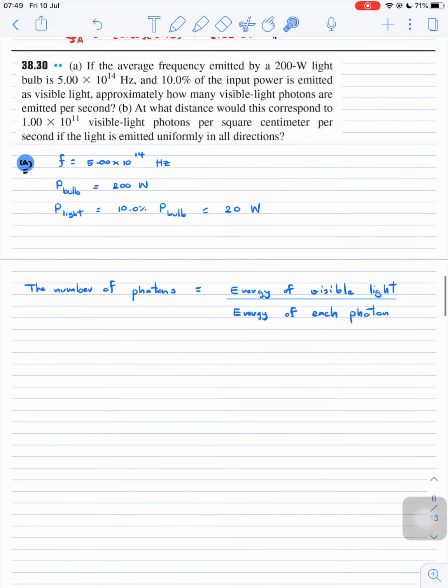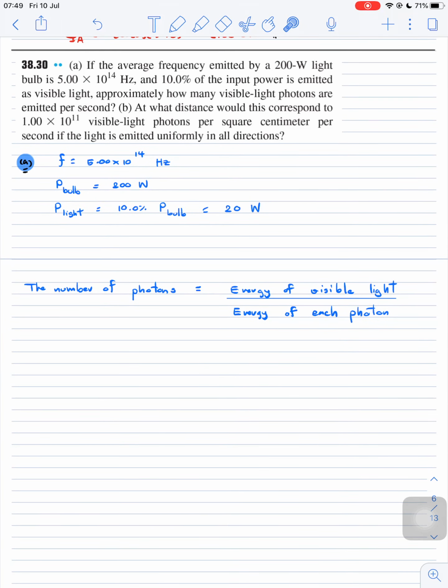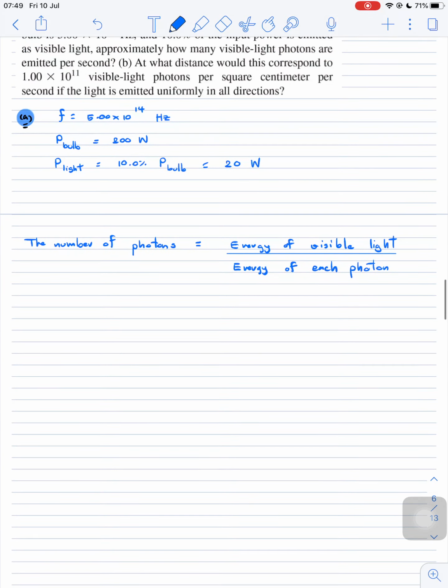But now we want the number of photons per second, so let's divide both the left and right sides by 1 second.